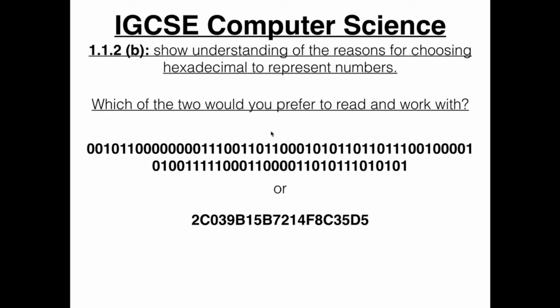It's only 2 values here, zeros or ones. It can be only those 2 values. So it can be really confusing and really hard to work with, really hard to find errors, for example. Whereas here, it's much easier because it's just, again, 1 digit per 4 digits here.